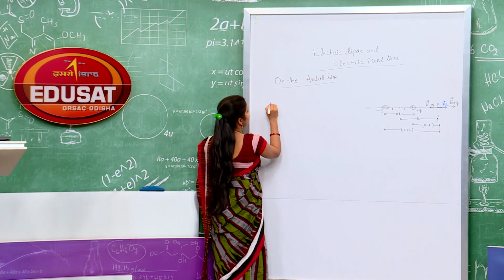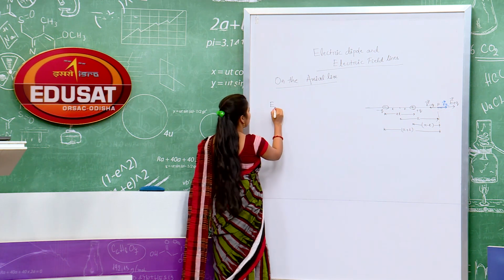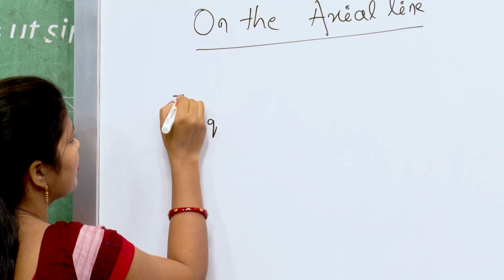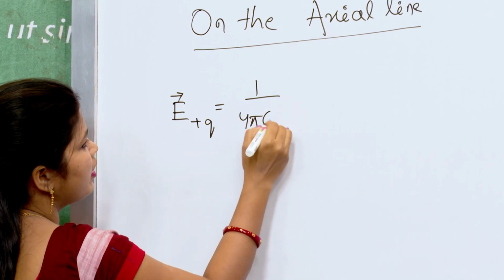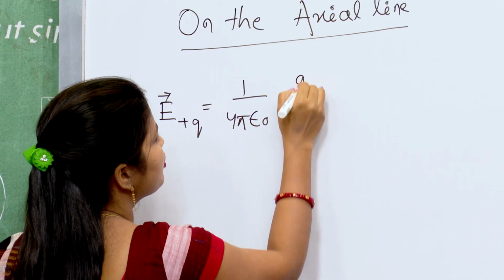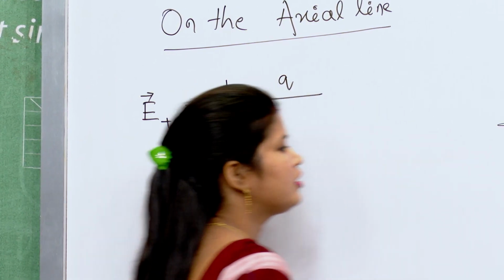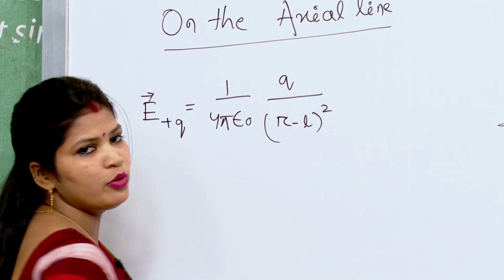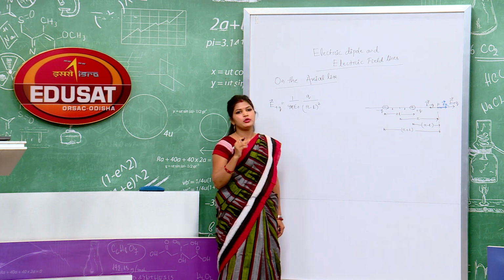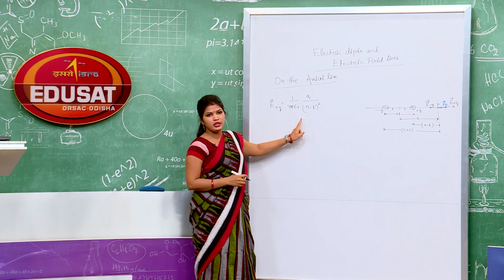So, here electric field at point P due to plus q charge is 1 by 4 pi epsilon naught q upon the distance r minus L, so r minus L whole square. As we know, the electric field intensity due to a point charge is 1 upon 4 pi epsilon naught q upon r square.